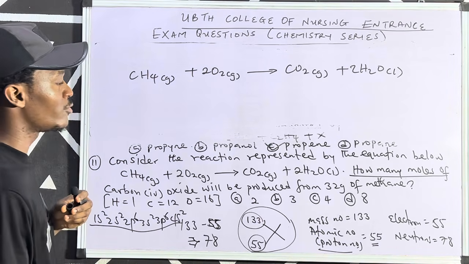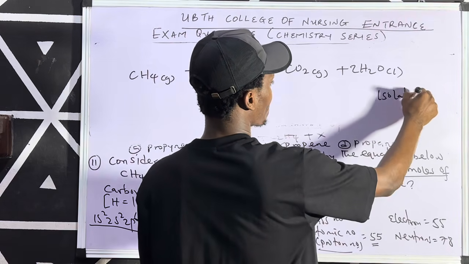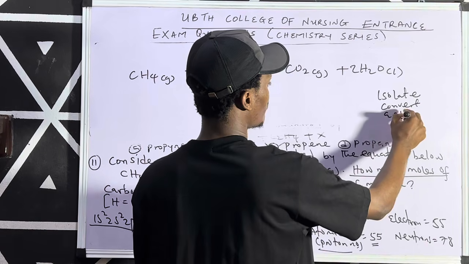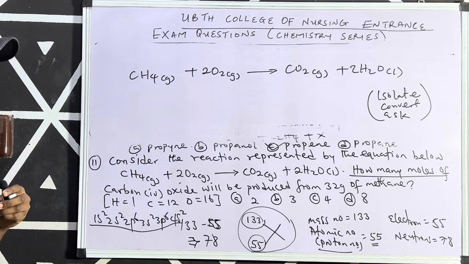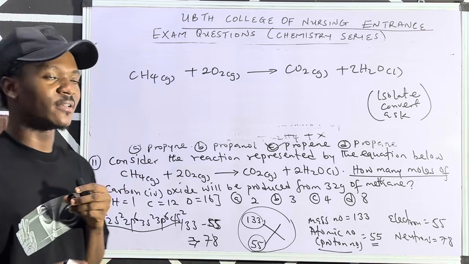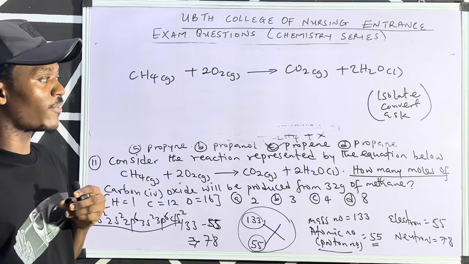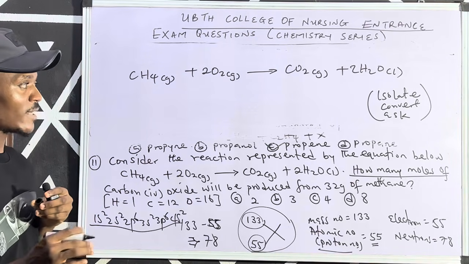Meanwhile, you can use my code, which is isolate, convert, and ask. You can do well to watch my video lesson on stoichiometry to help you. It's very easy. All you simply do is use this principle of isolation, conversion, and asking yourself the question. Let's start with isolating.